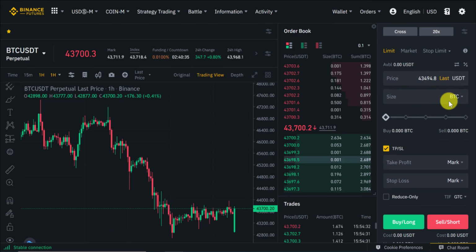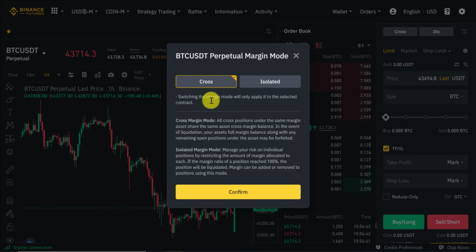Another thing now, there's something I should talk about here. You see this cross and this 20x. So let me talk about this cross first. When you are trading anything that has leverage, anything that has margin they give to you, things like forex, they have the maximum leverage, the effective leverage, something like lot size.